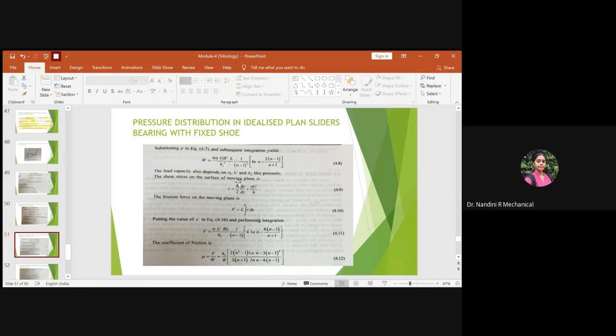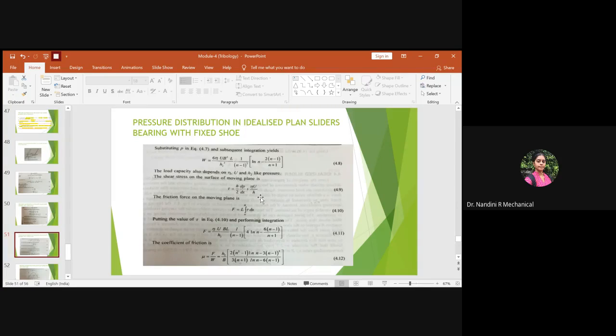The shear stress usually will be represented by tau, and for that, the equation, without the derivation, you will directly throw: shear stress will be equal to h by 2 into dp by dx plus mu into u upon h.